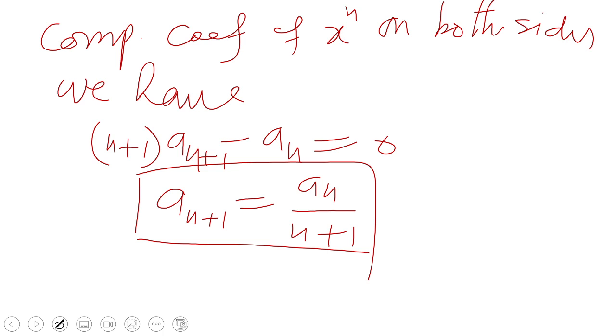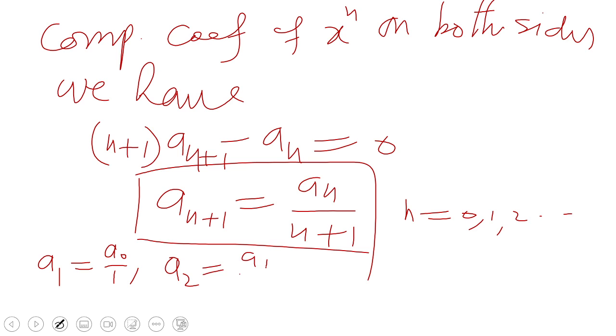This equation defines all the constant coefficients of the series, and n starts from 0, 1, 2 and so on. So I will put them one by one here and find these constants. When I put n equal to 0, I will get a1, which will be equal to a naught over 1. Then with n equal to 1, a2 is equal to a1 by 2.